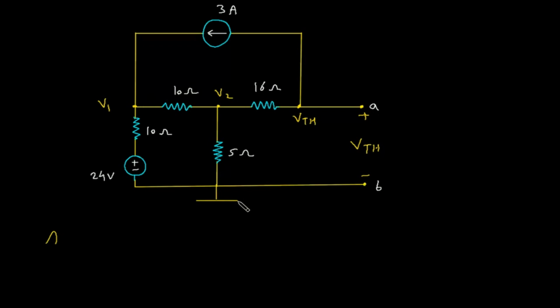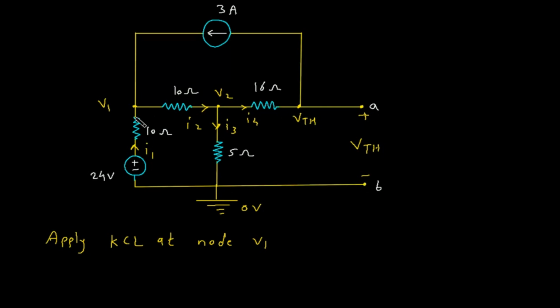So let's say this is ground with 0 voltage or reference node, and this is current I1, this is current I2, this is current I3 and this is current I4. So apply KCL at node V1.